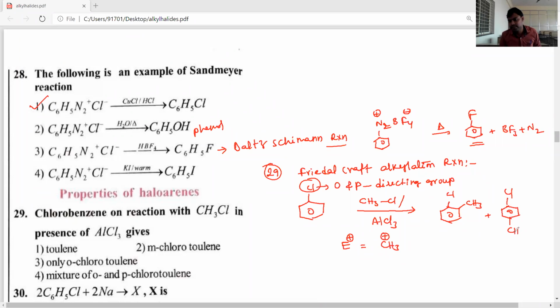Because the benzene ring having CH3 is a derivative of toluene, at that place chlorine becomes a substituent. Now it is orthochlorotoluene and this is parachlorotoluene. Okay, students. So the answer is the mixture of ortho and parachlorotoluene is the product. Okay. Let's go for next question.